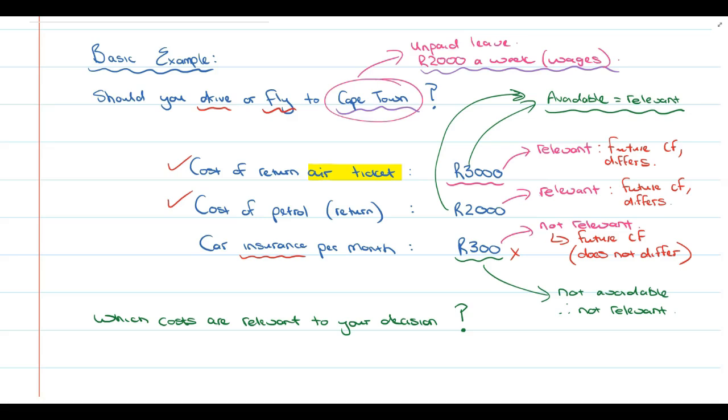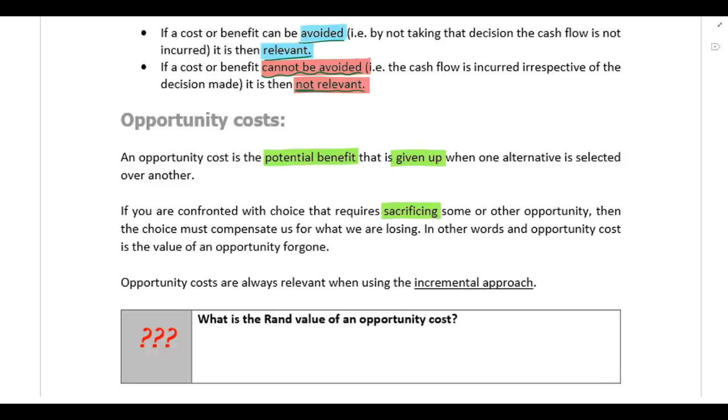So when we're working out the cost to go to Cape Town, we need to add 2,000 Rand, which is an opportunity cost, because you will not be earning any wages during the period that you are away. So that is a good example of an opportunity cost. It is the benefit that is given up when one alternative is selected over another. If we go to Cape Town, you won't earn those wages.